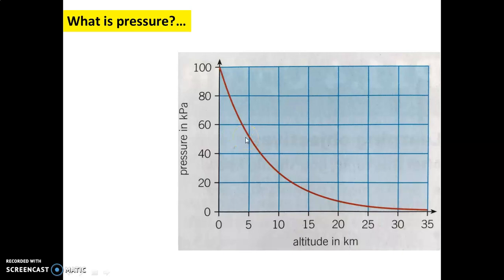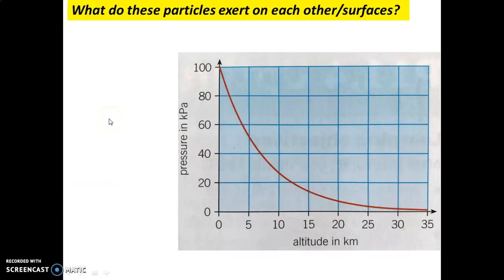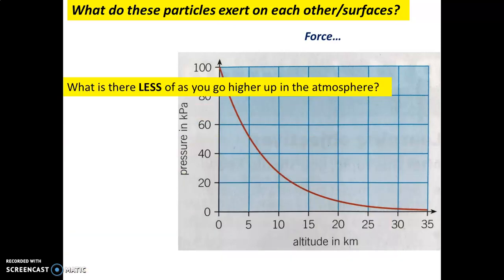Well, let's go back to what pressure is. What is pressure? Can you think of what it is? What is pressure? Using these keywords, it's air, in this case, air molecules colliding with each other. Well, now, what do these particles exert on each other and on surfaces, including their own surfaces? They exert a force. Now, what is there less of?